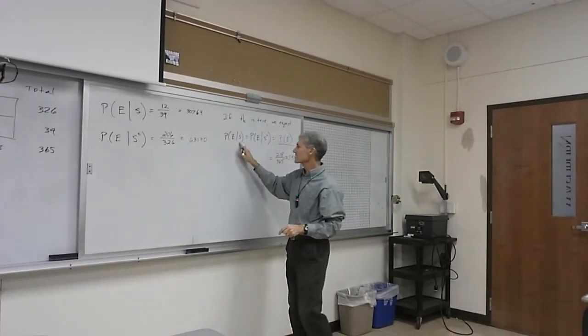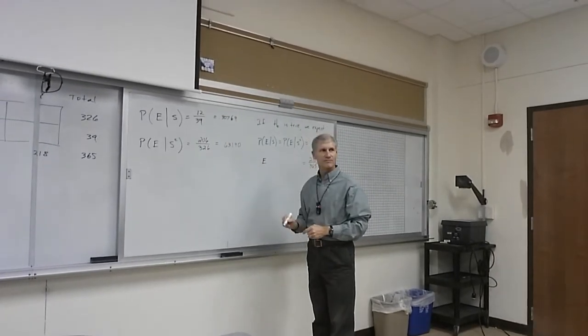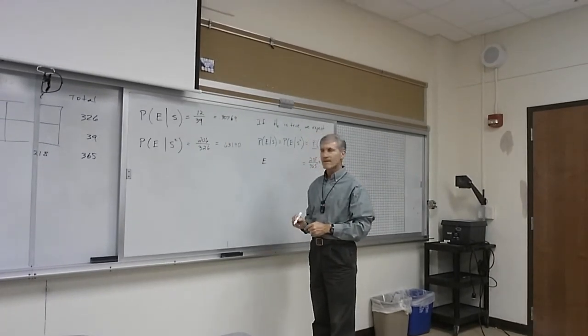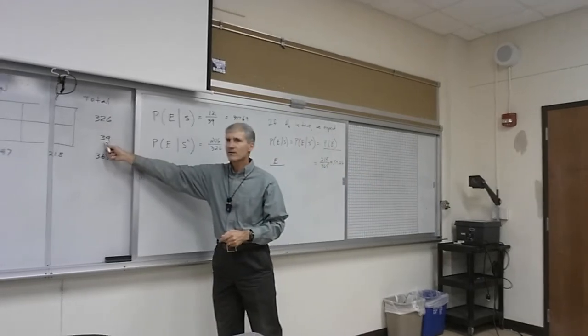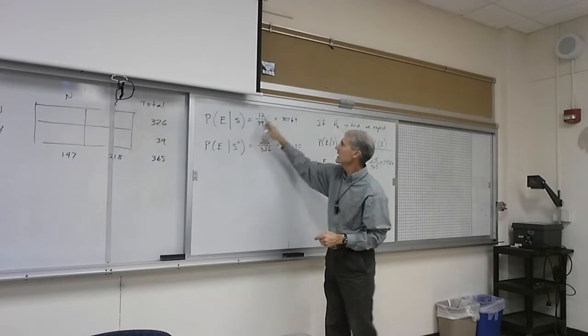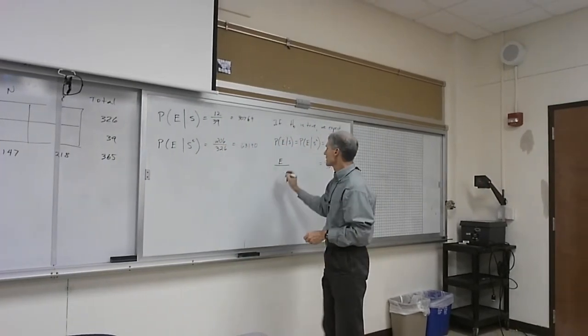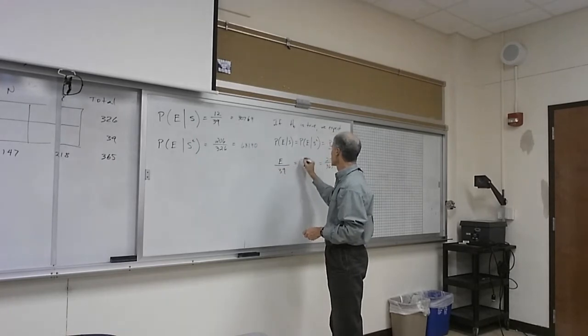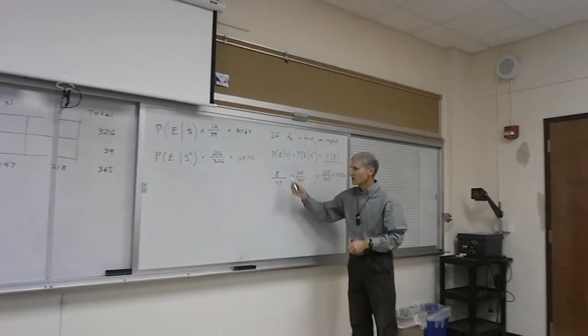So the yes, yes cell, call it E for expected, divided by the row total, that's how we did that. The number in that cell divided by the total over 39 is equal to 218 over 365. Solve for E.